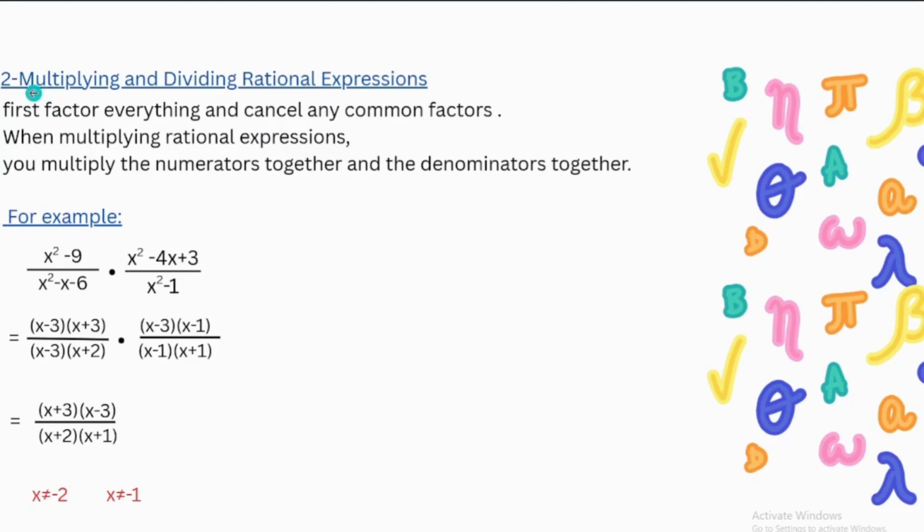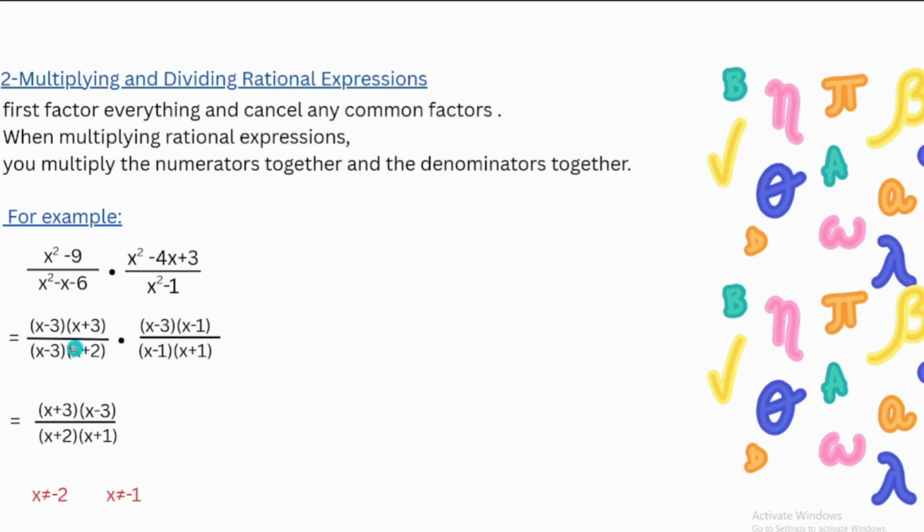Second, we will talk about multiplying and dividing rational expressions. This is a rational expression times another rational expression. We will factor this: x minus 3 times x plus 3, also the denominator x minus 3 times x plus 2, and this expression x minus 3 times x minus 1, and x minus 1 times x plus 1.